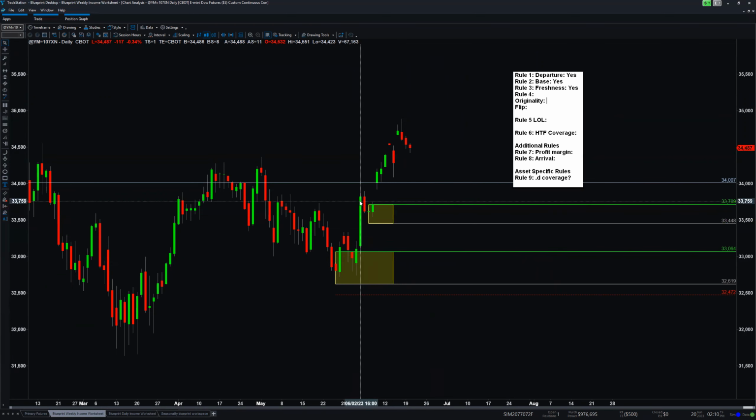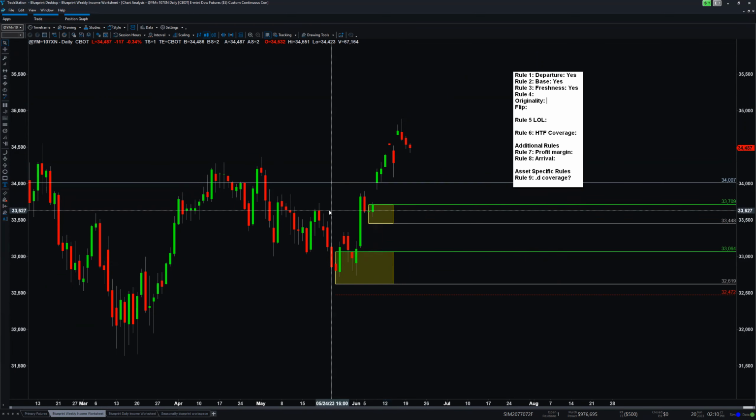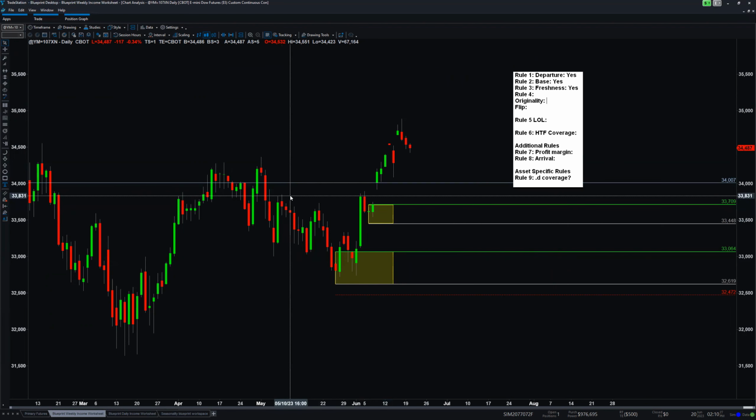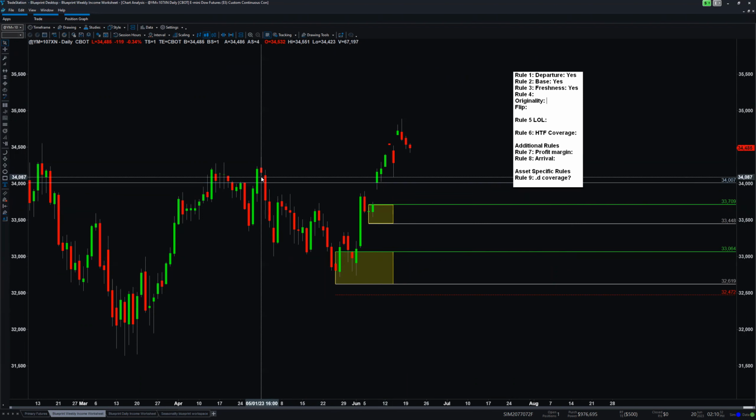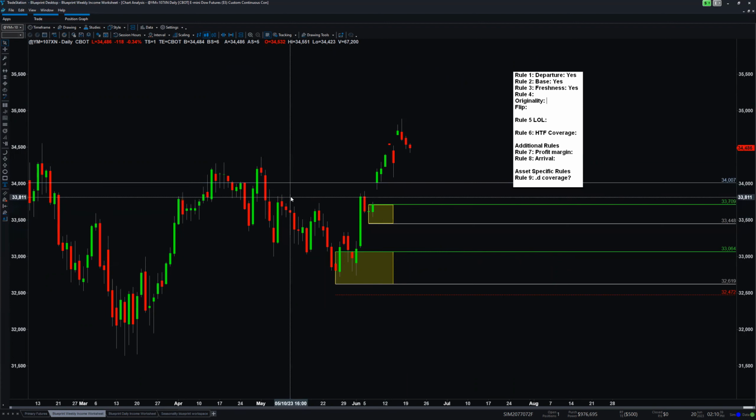It's a rally, base rally. If we look to the left, what do I find? Well, I find mostly wicks to the upside and maybe supply even, right? So I had some supply right there. Rally base drop. So all I can find is red candles and or wicks, top wicks. So there's supply or resistance on the other side.